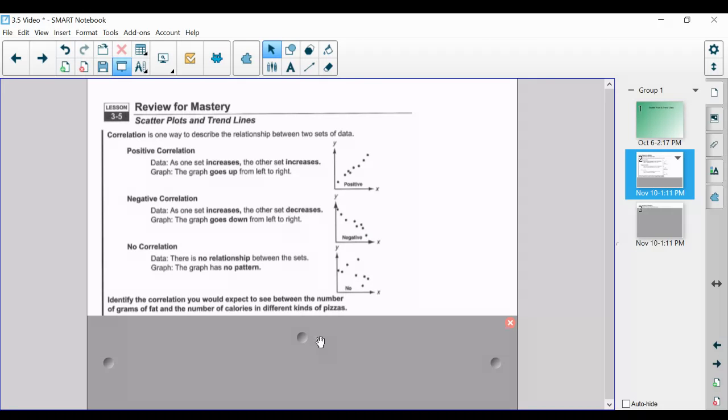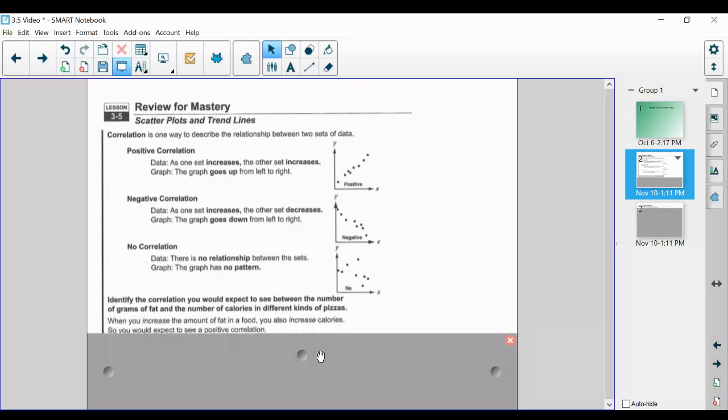Well, when you increase the amount of fat in food, you're also increasing the number of calories in that. So they're both increasing at the same time, the amount of fat and the calories. So we should expect to see what's called a positive correlation. It's positive because they're both increasing at the same time.